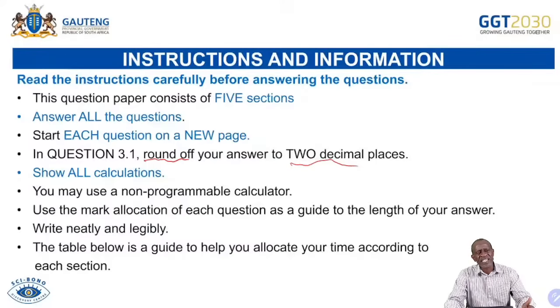You cannot just give 1 advantage. You cannot just give 2 advantages, but 3 or more will earn you maximum marks. So the length of your answer should depend on the mark allocated on your question paper. Please, for every question, look at the question and check the mark allocation.